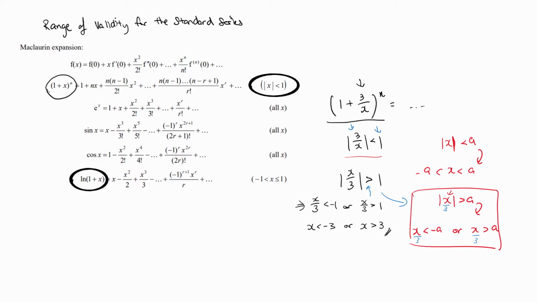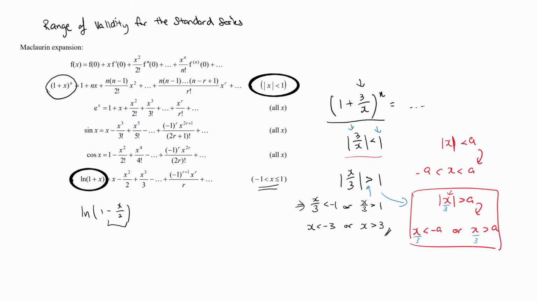Now we'll just look at one more example before we call it a day, and that would be ln(1 - x/2) in this case. When we do our series expansion, we will have replaced x with -x/2.